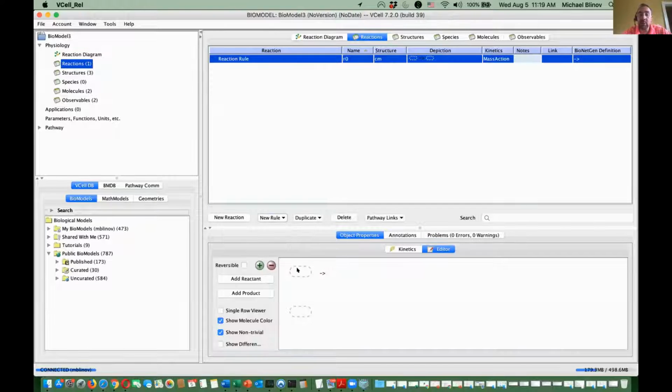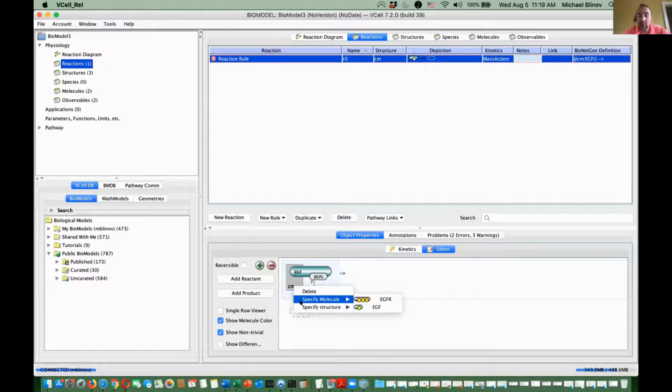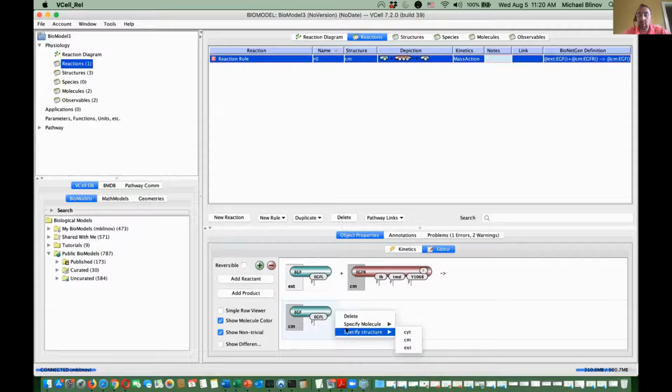So in a membrane, you have a molecule EGF, and EGF is actually located in extracellular space. Another reactant is EGFR, and it is located on a membrane, CM. And the result is a complex. So you have EGF, EGFR, and this complex is located on the membrane.